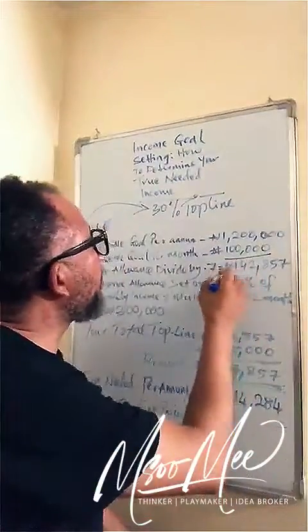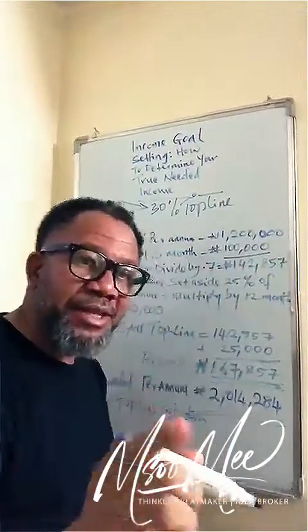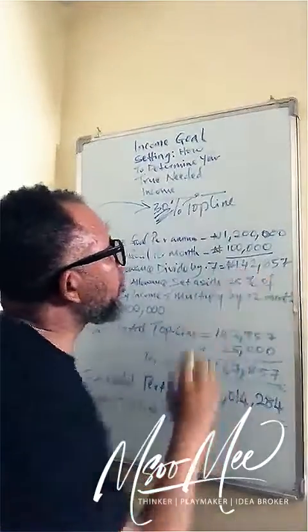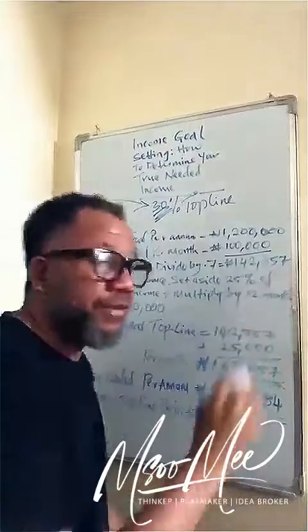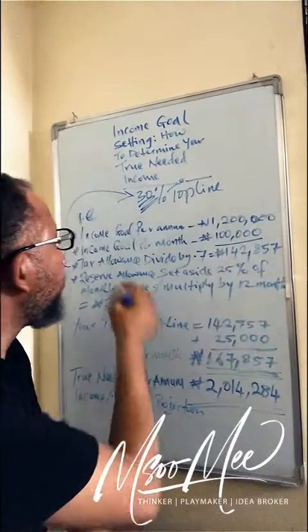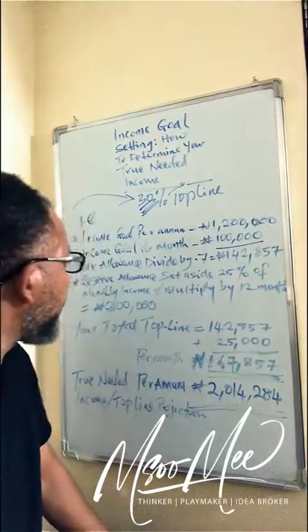Now the 100,000 naira amount divided by 0.7 will give you a 30% top line and bring the figure to, say, 142,857 naira.